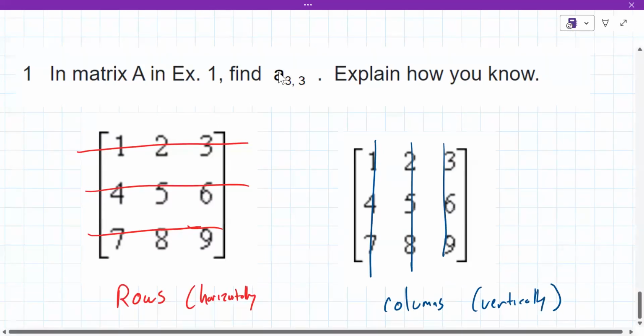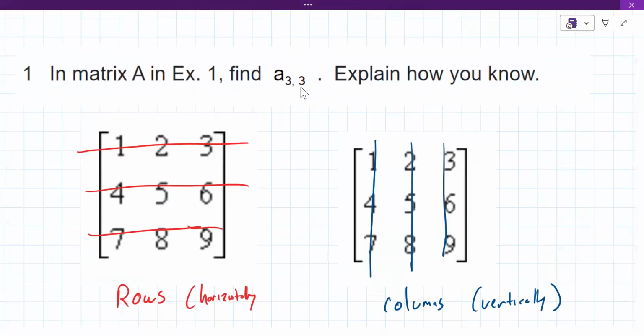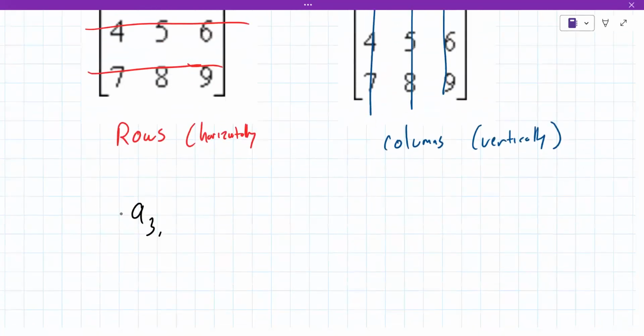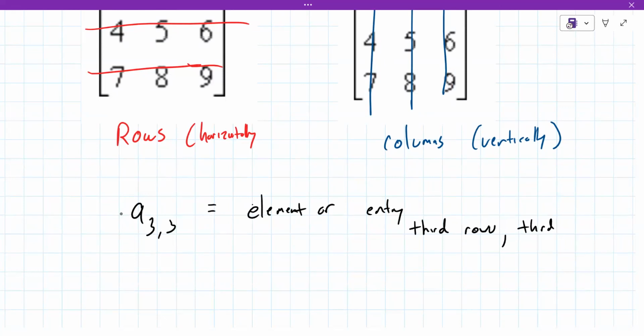Okay. So this thing here where it says A3 comma 3, what that really means, write it out longhand, it really means the element or entry in the third row, or row 3, third column. So row 3, column 3.